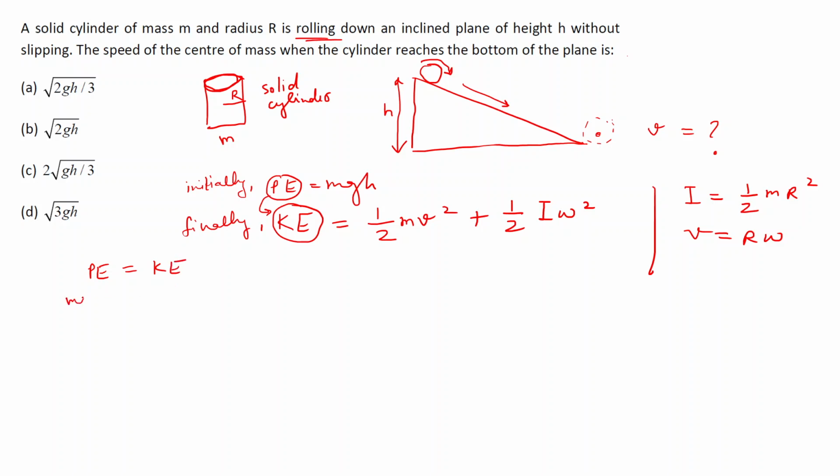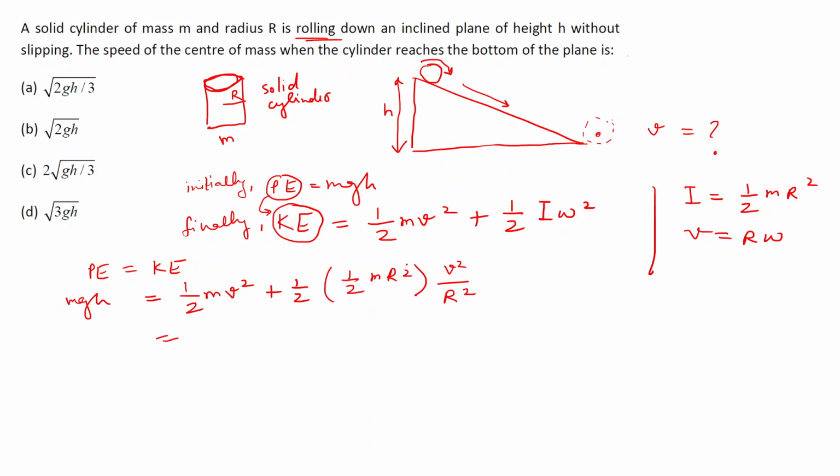So we can write half mv square plus half times I, which is half mr square, times omega, which is v square by r square.